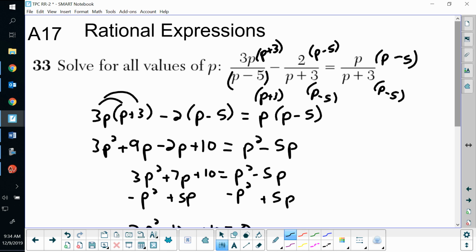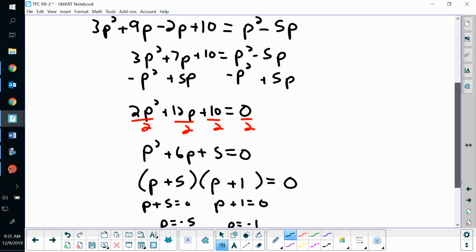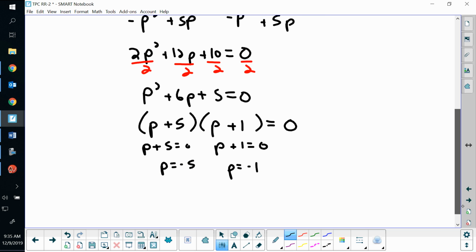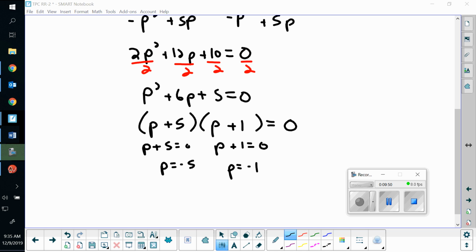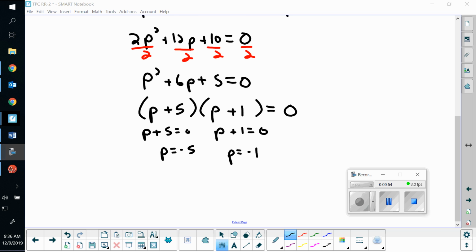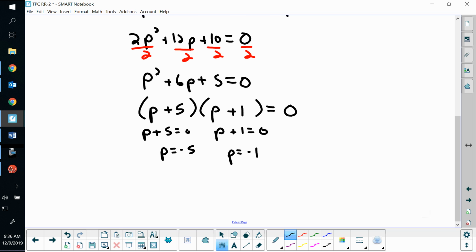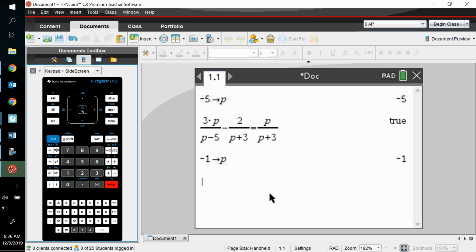So we are going to pause the video for 2 minutes to allow you to check those answers of negative 5 and negative 1 in the original equation. So on your calculator, remember you do the number and then the store and then the variable.